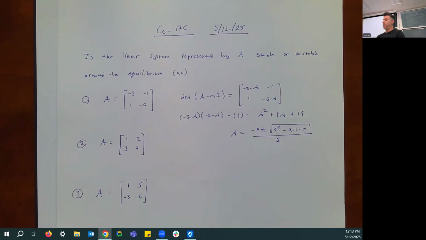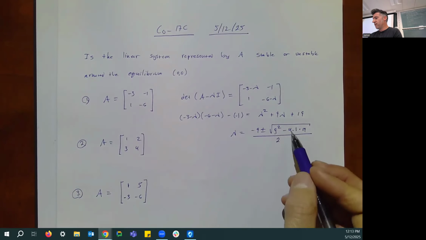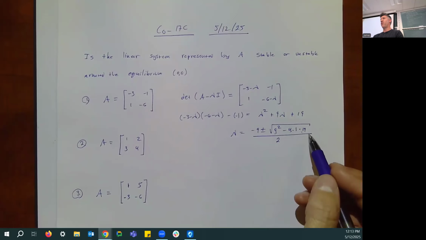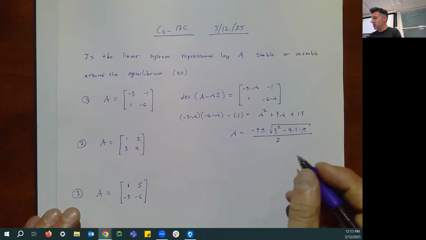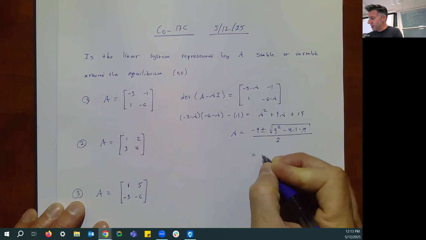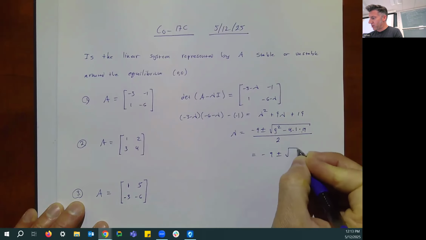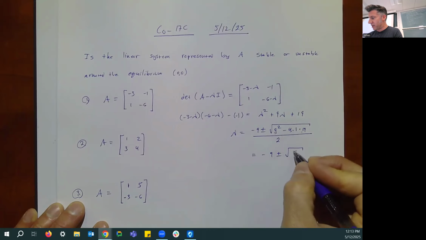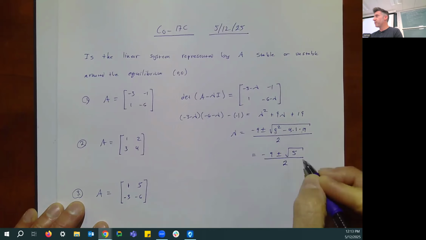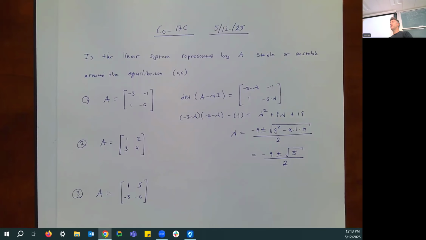Well, let's do one more step. 9 squared is 81. 4 times 19 is 4 less than 4 times 20, so it's 80 minus 4, which is 76. So we have -9 plus or minus the square root of 81 minus 76, all over 2. Now here's where I'll point out that we could have stopped much earlier, but we'll get to that.